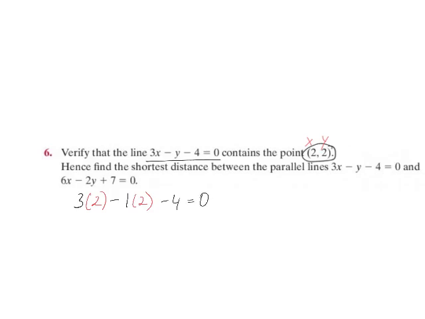So 3 times 2 is 6, minus 1 times 2 is 2, minus 4 equals 0, and 6 minus 2 minus 4 is 0. 0 equals 0, so that is true.